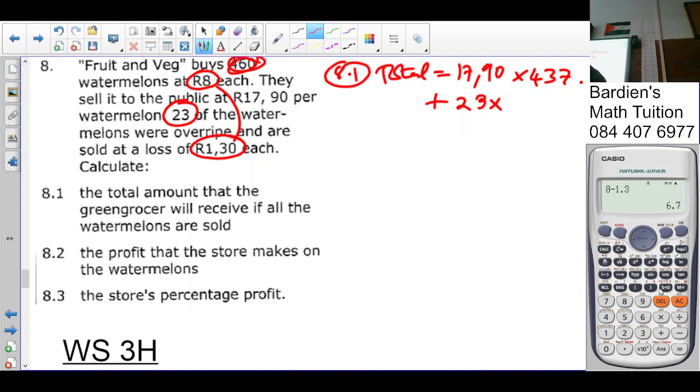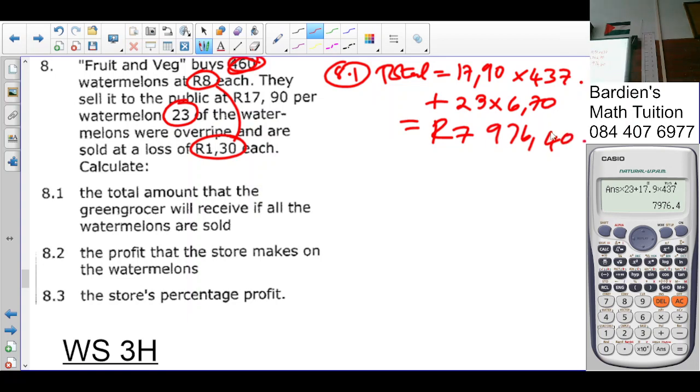So 6 rand 70 times 23 plus 17 rand 90 times 437 gives us 7,976 rand and 40 cents.